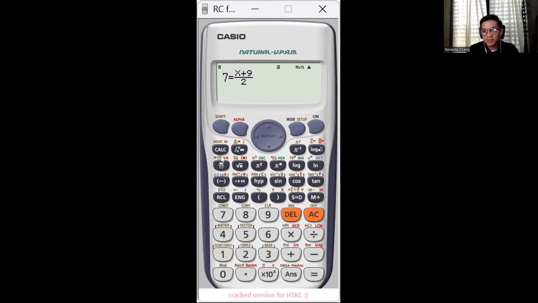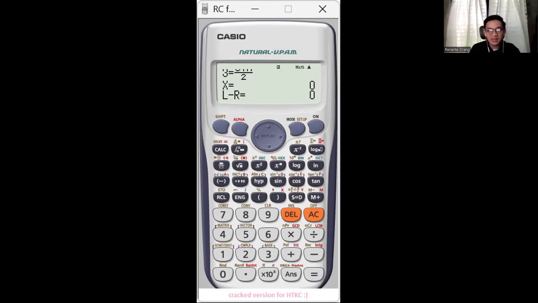Shift, then solve, then equals. Our c is equivalent to 5. Next, in our second equation, we have 3 equals 6 plus our unknown y, using x, divided by 2. Then shift, solve, then equals is 0.